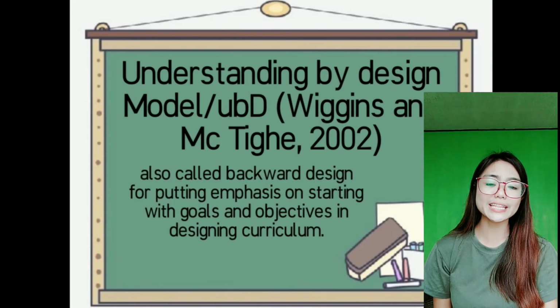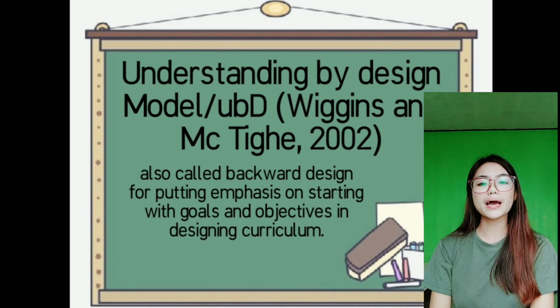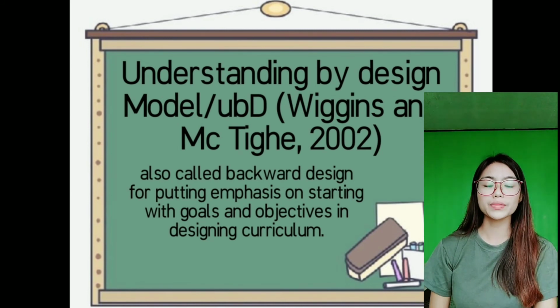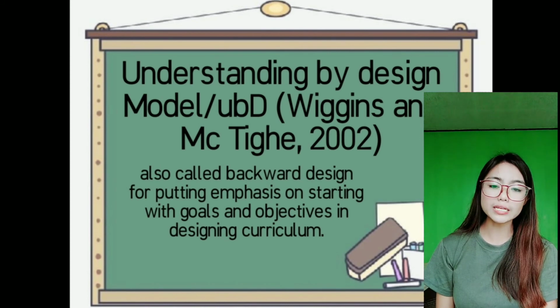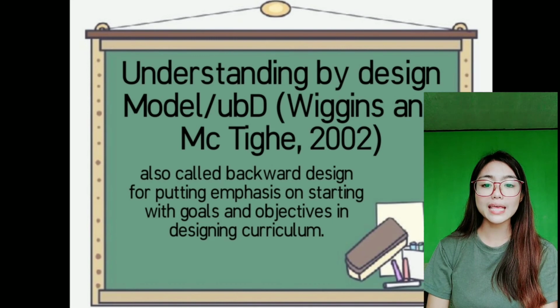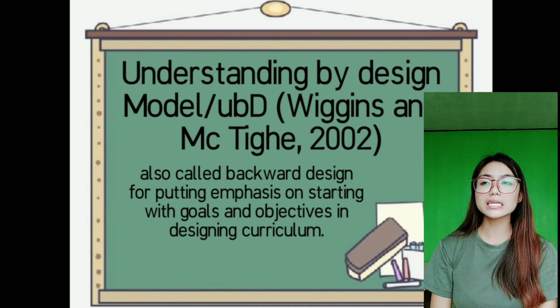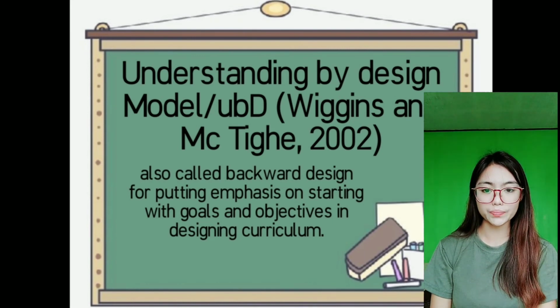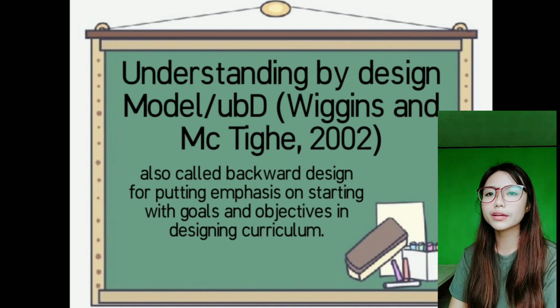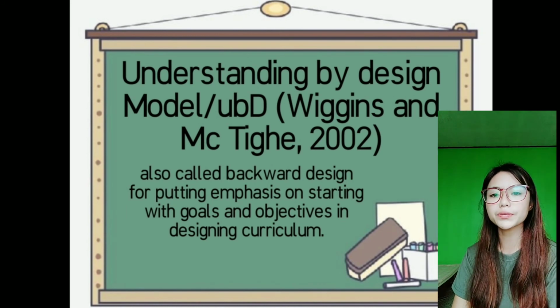Next is the Understanding by Design model by Wiggins and McTighe, 2002. Also called backward design for putting emphasis on starting with goals and objectives in designing a curriculum. In the Understanding by Design model, effective curriculum development reflects a three-stage design process called backward design.